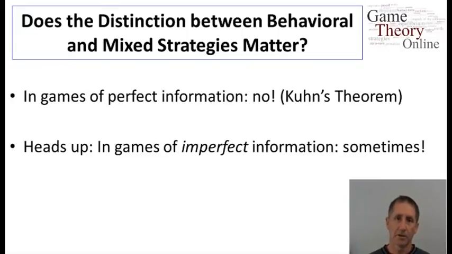But it's not true for all games, and this is just a heads up. When we define games of imperfect information, we'll come back to this issue. But for games of perfect information, the class of games with mixed strategies are identical to the class of games with behavioral strategies.